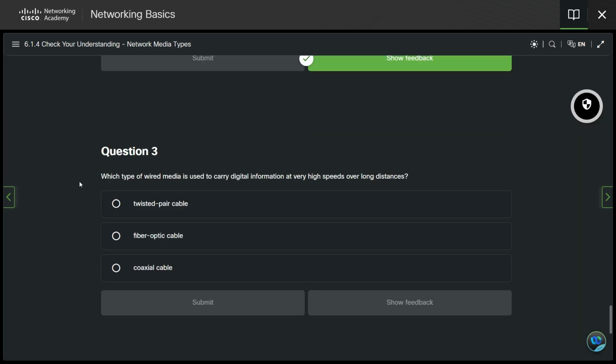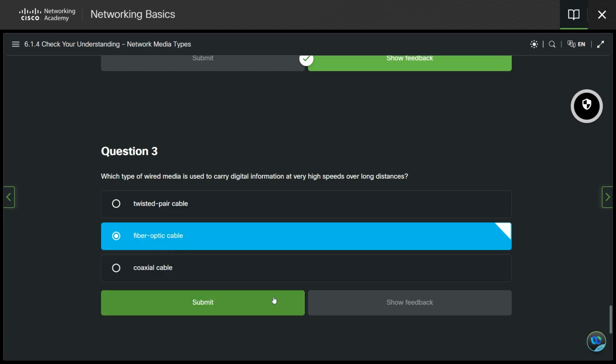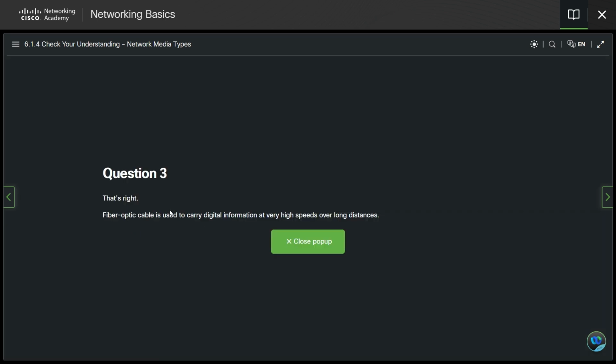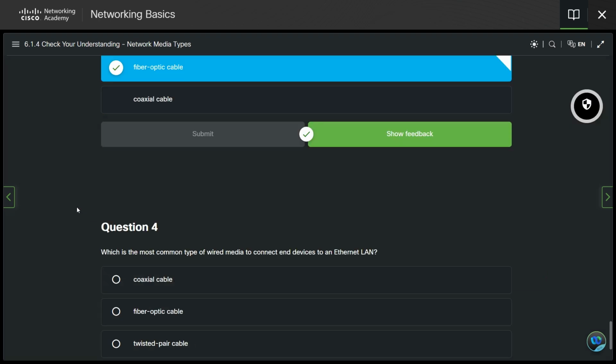Question 3. What type of wired media is used to carry digital information at very high speed over long distances? This is fiber optic cable. That's right, fiber optic cable is used to carry digital information at very high speed over long distances.